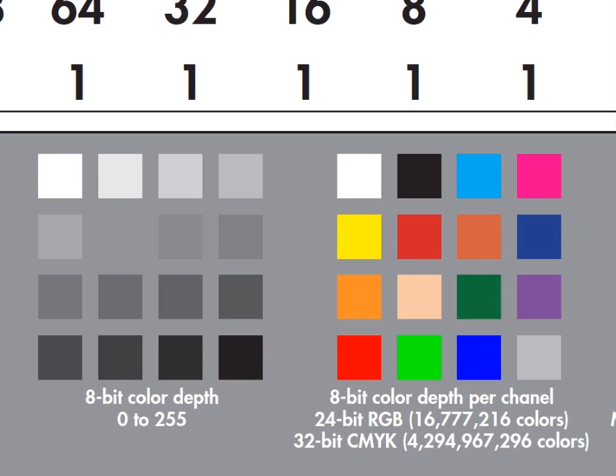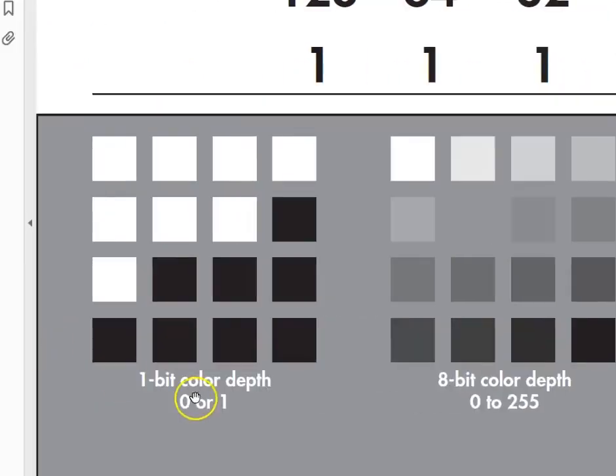But in the trade, we generally call just the ones that are only black or white a bitmap, and the ones that have other color depths, 8 bits, 24 or 32, we generally describe them by their file name, or we say they're pixel based, or it could be a JPEG or a TIFF or a number of other file formats, but all of them technically are bitmaps because it's a map or an array of bits.